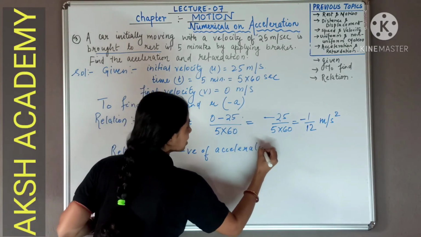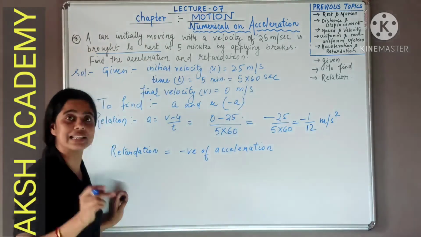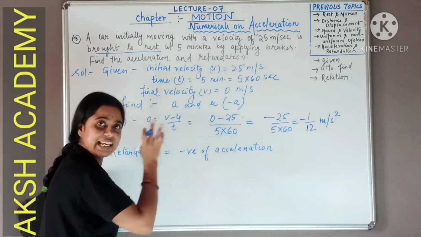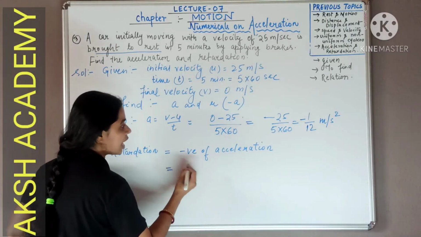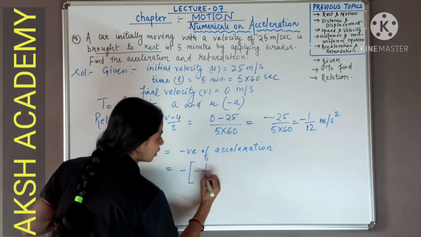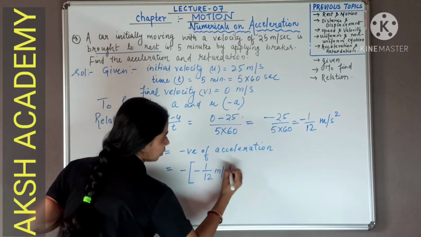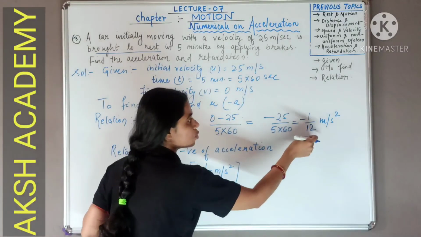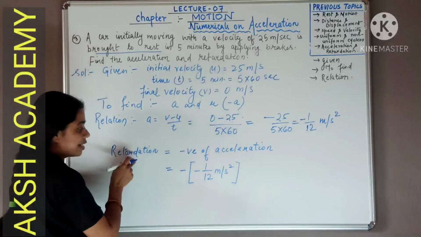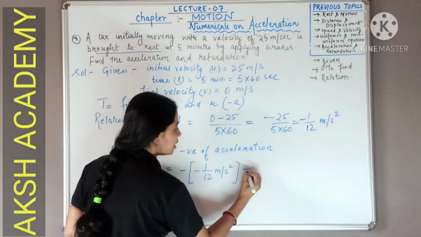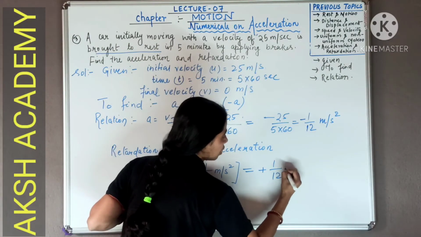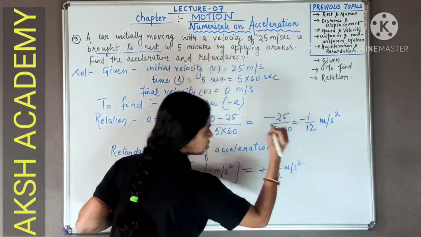Means negative acceleration is termed as retardation because final velocity is less than initial velocity. So we know the acceleration, minus 1 by 12. So negative value of acceleration will lead to retardation, and this minus plus, so retardation will be 1 by 12 meter per second square.